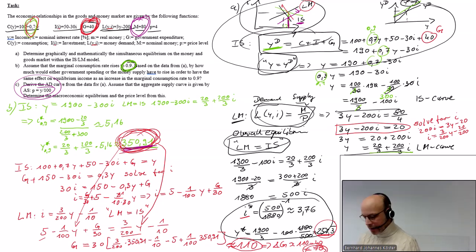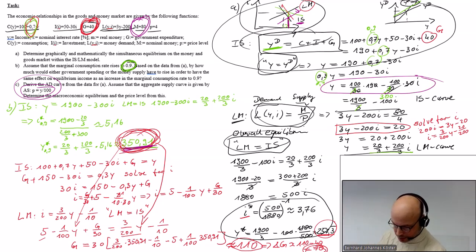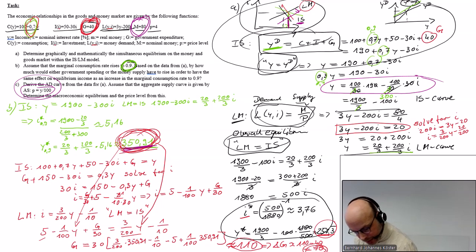So what we then need is the old IS curve, this one, and now the LM curve, but not inserting the 80, because we want to calculate this new monetary aggregate.